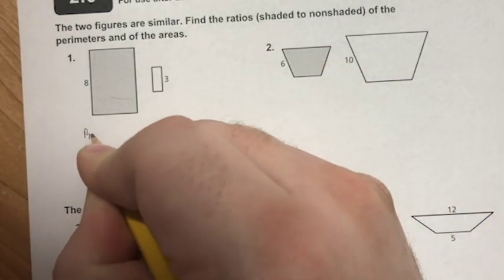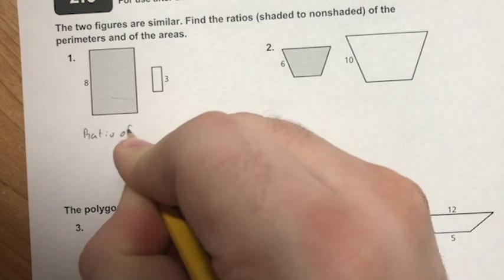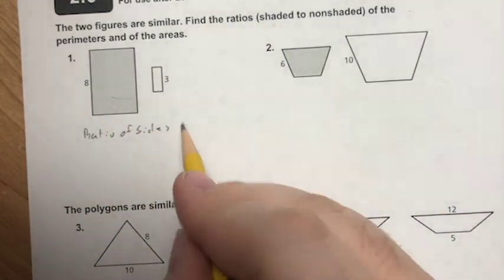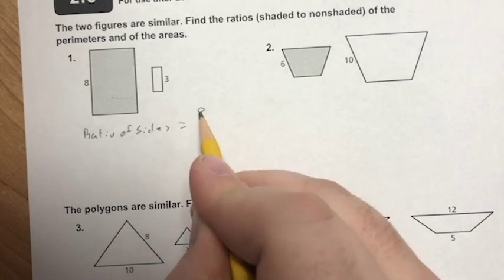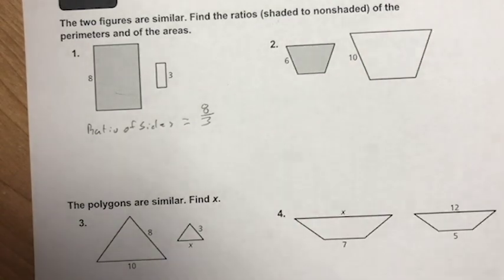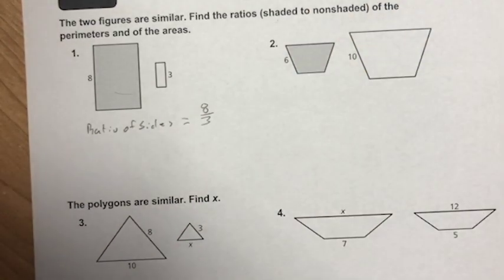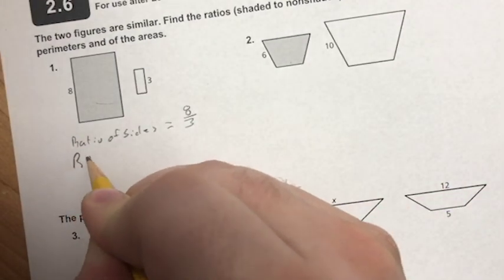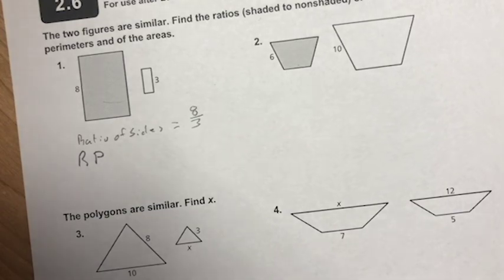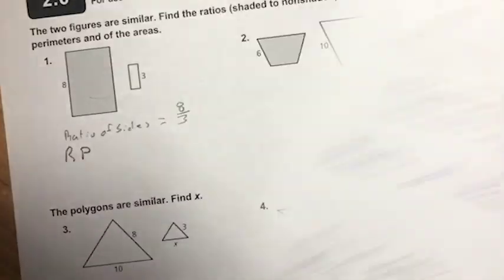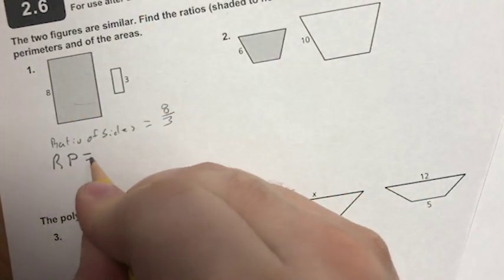We know we're going shaded to non-shaded, so the ratio of my sides is 8/3, 8:3. Because of the definition I gave you about the ratio of perimeter, I'm just going to put RP, because now I'm getting lazy. According to the definition, the ratio of the perimeter is the same as the ratio of the sides. So guess what the ratio of the perimeter is?